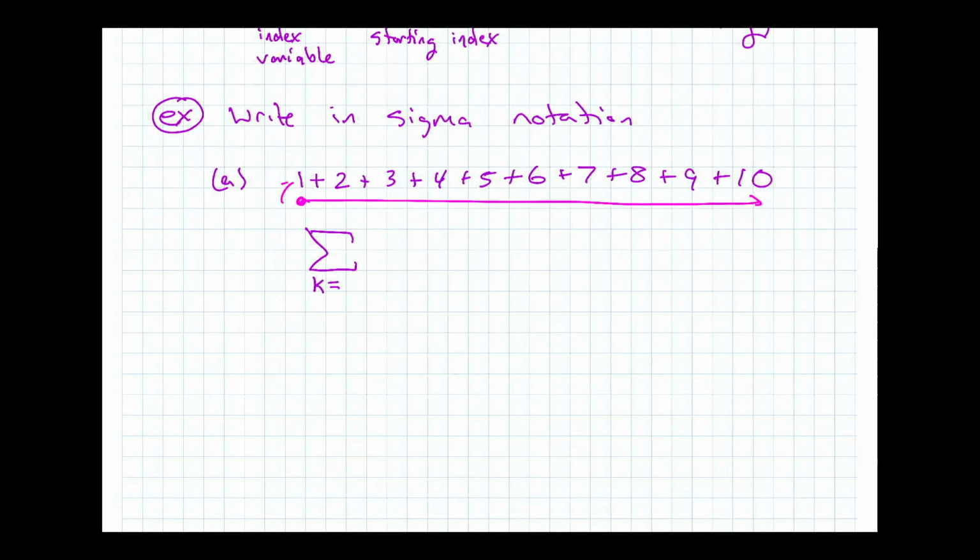So why don't we just use k equals 1 as our starting value, and then our ending value could be k equals 10. So k goes from 1 to 10. And then what's a formula that will go 1, 2, 3, 4 when k goes 1, 2, 3, 4? The answer is just k.